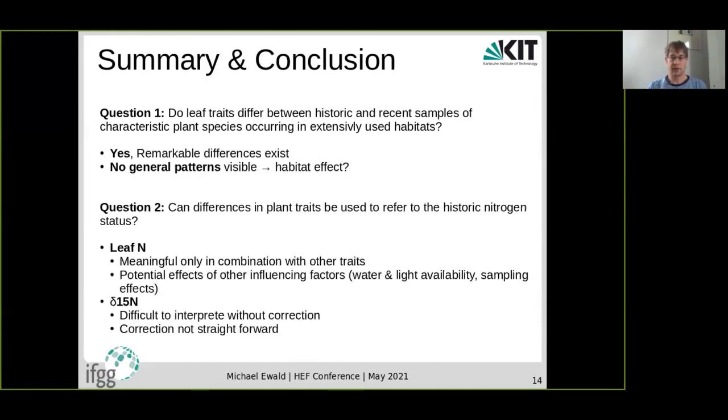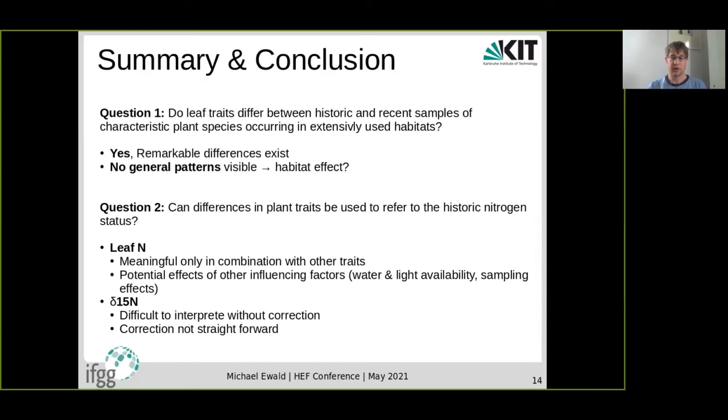And regarding the reconstruction of the historical nitrogen status, we can see that looking at leaf nitrogen contents is only meaningful if you also look at other leaf traits, because increased nitrogen can also have an effect on the biomass of a plant species, and in some cases not on the leaf nitrogen content.